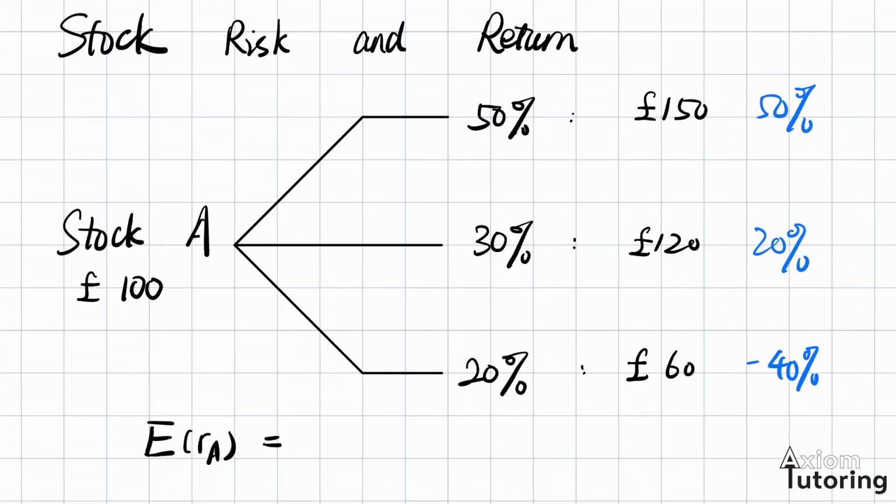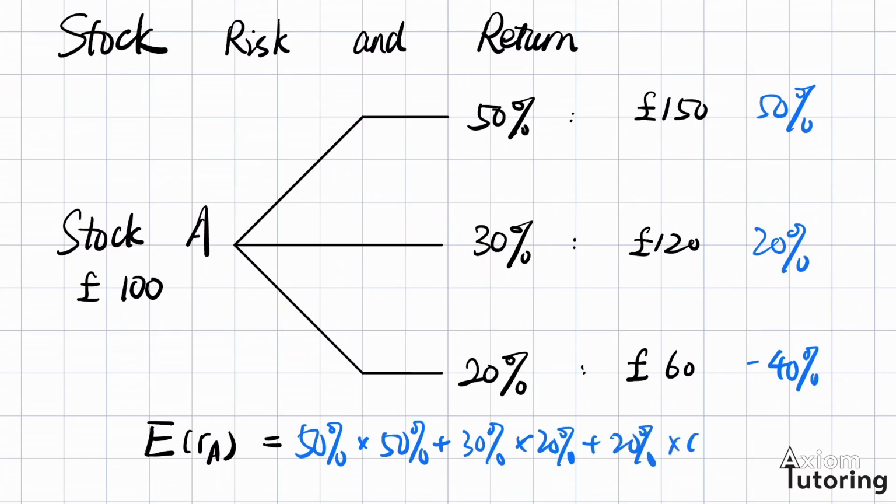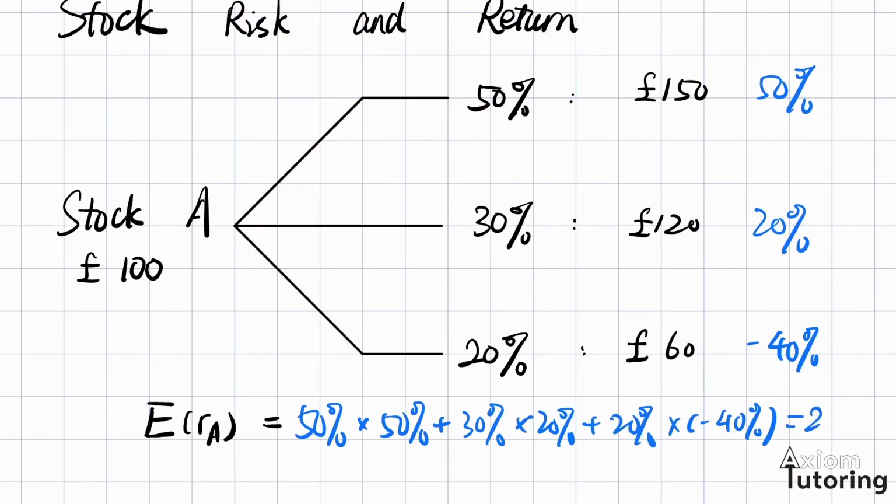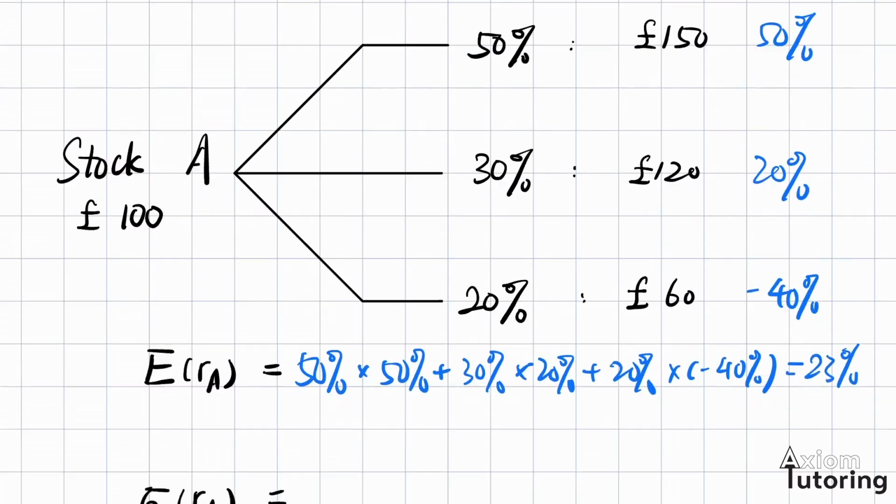Okay, so we would use 50% multiplied by 50%, which is the first case, and then 30% multiplied by 20%, which is the second case, and 20% of probability multiplied by minus 40%, which is the last case. Okay, and then you should have 23% as the average return or the expected return for this specific stock.